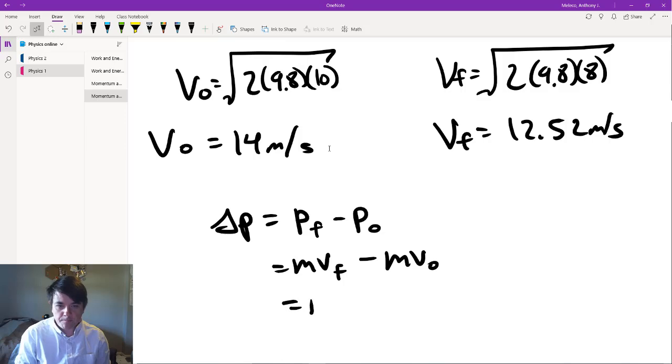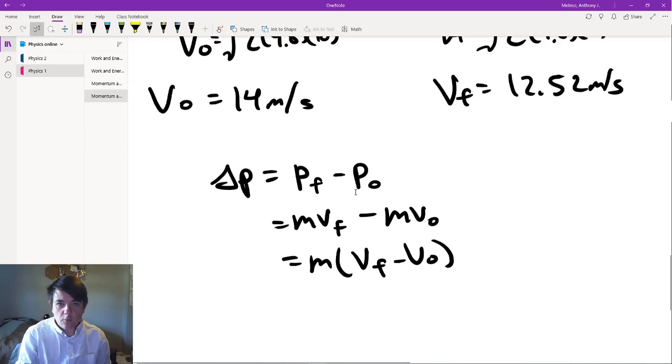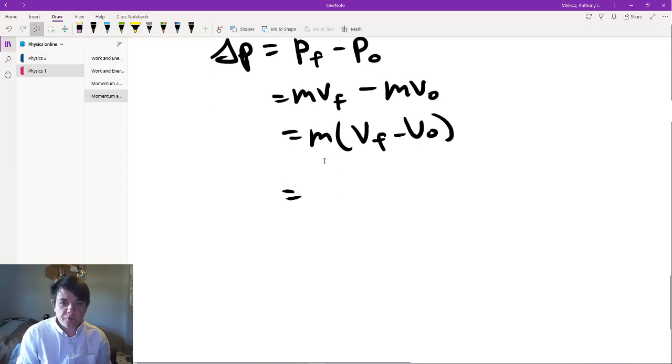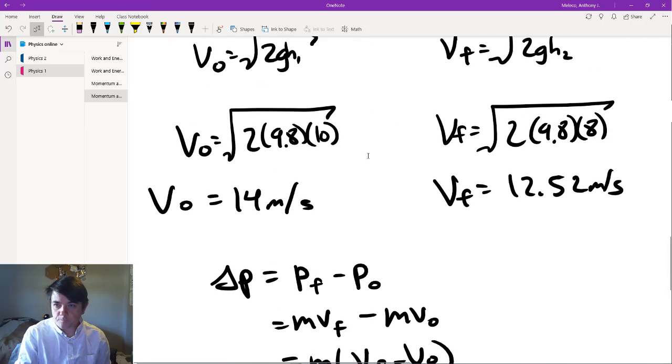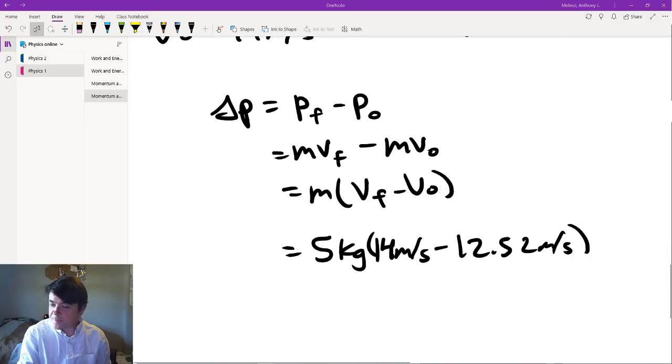We can pull out the M. And we can do the math on this now. So it's 5 kilograms times 14 meters per second minus 12.52. And what we get with this is 100.